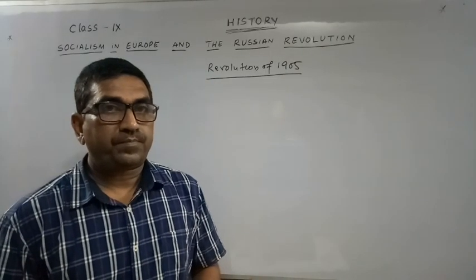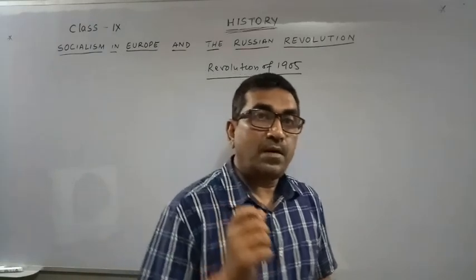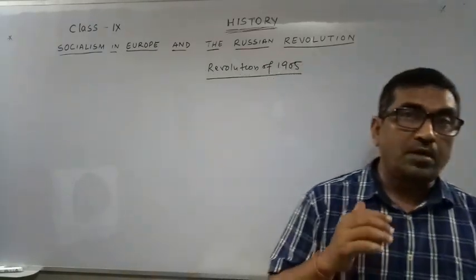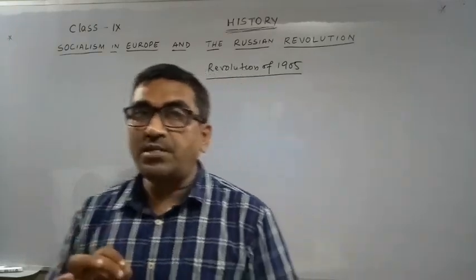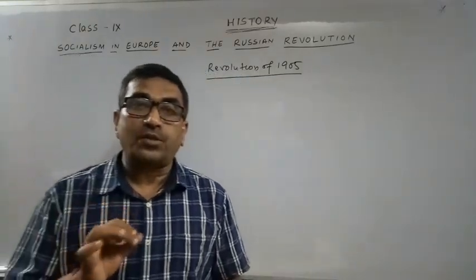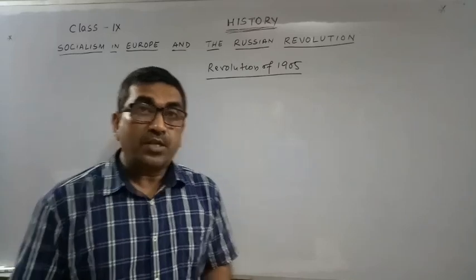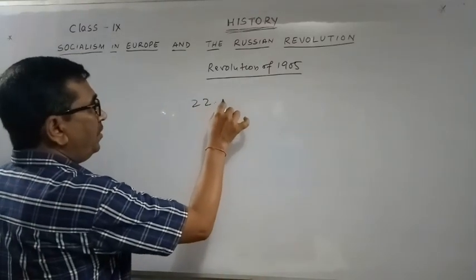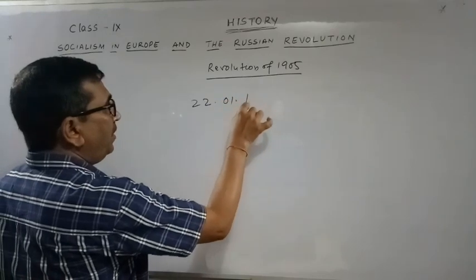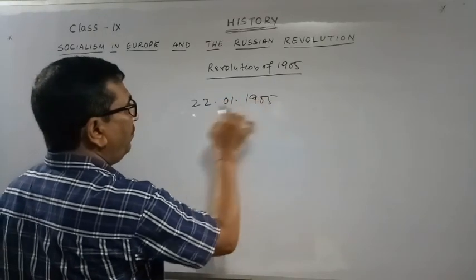It is a scene of the demonstration before Bloody Sunday. Father Gapon led the industrial workers to the Winter Palace, the official residence of the Russian Tsar. This event took place on 21st January 1905.